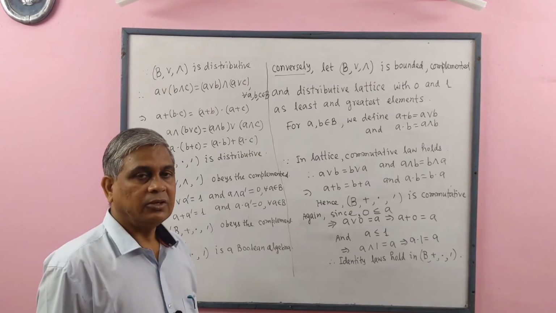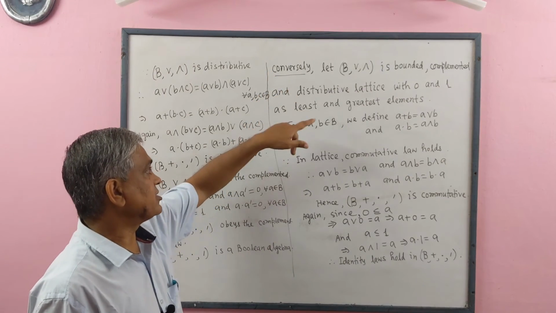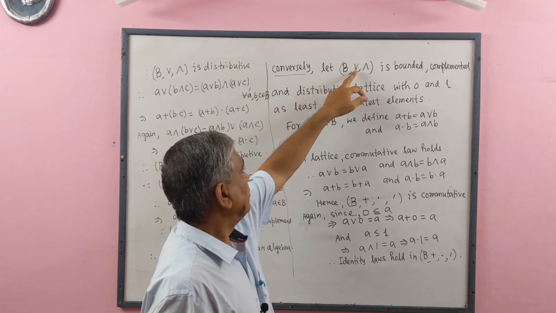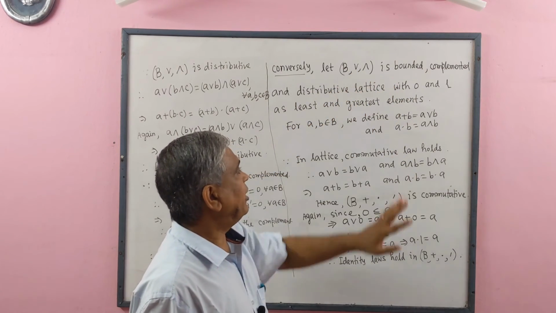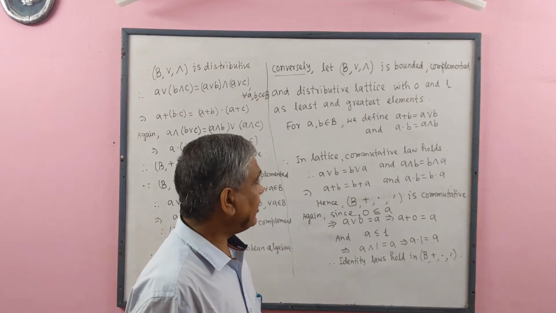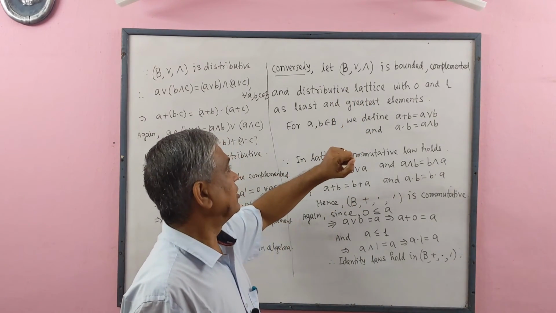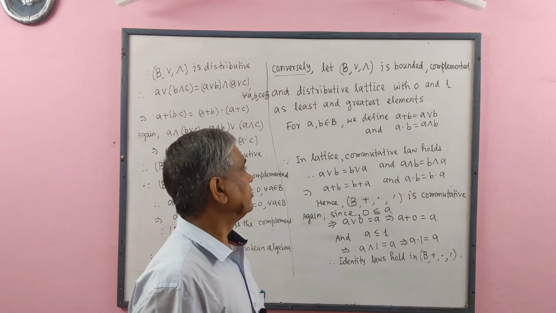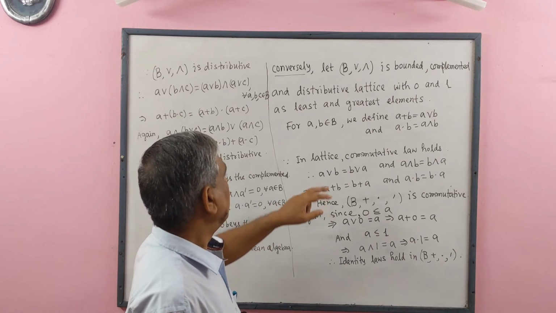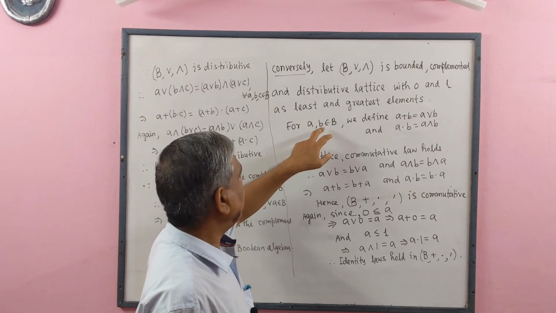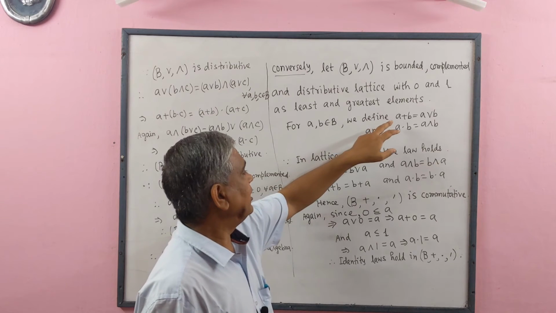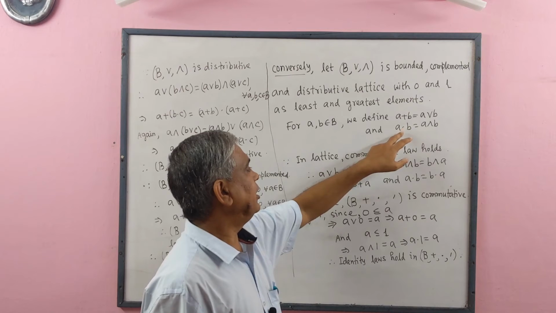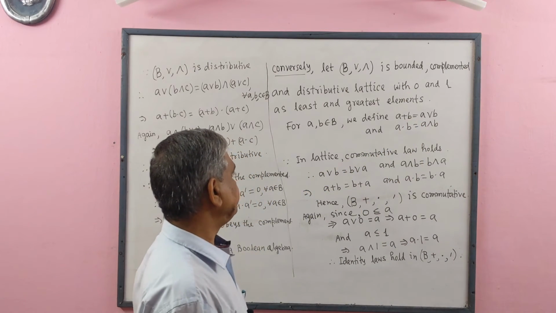Now we prove the converse. Conversely, let B with operation join and meet be a bounded, complemented and distributive lattice with 0 and 1 as least and greatest elements. For small a, small b belong to B, we define a plus b equal to a join b and a dot b equal to a meet b.